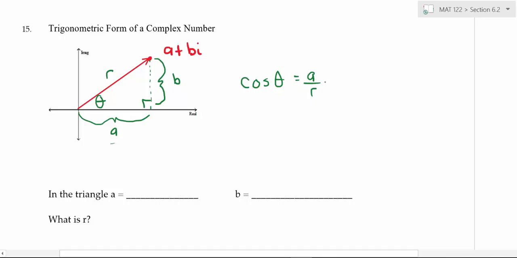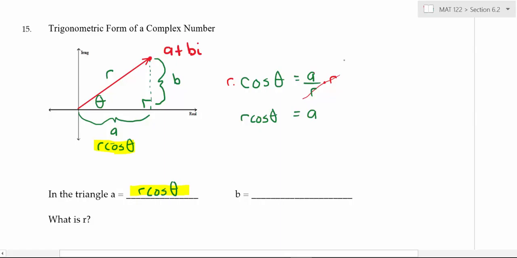So I'm going to multiply both sides by r. That will divide that out, and you're going to end up with a equals r cosine theta. So that's what this whole side of this triangle is represented by. That means a, we're going to write as r cosine theta.